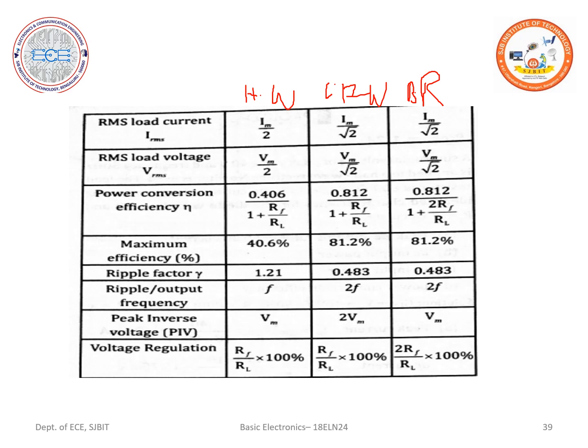Similarly, we have studied the voltage regulation, which is given by Rf by RL into 100% for the half wave rectifier, and for the full wave rectifier it is Rf by RL into 100%, that is for the center tap rectifier, and for the bridge wave rectifier it is 2 Rf by RL into 100%. So wherever we find the Rf, we are substituting 2 Rf by RL into 100%.